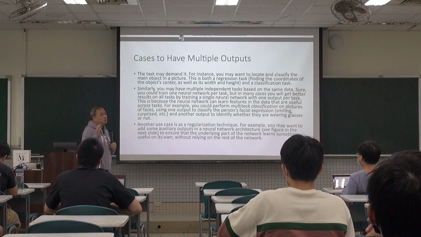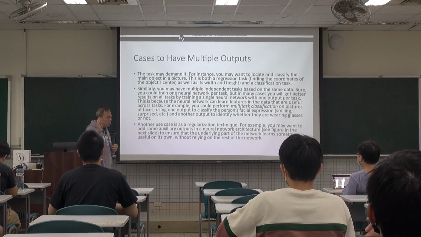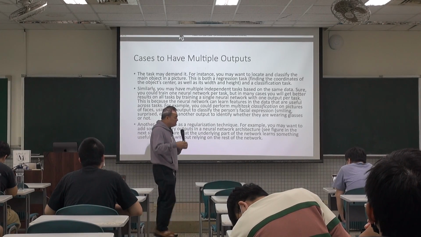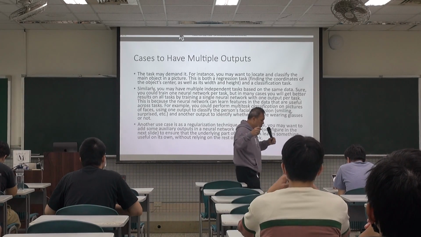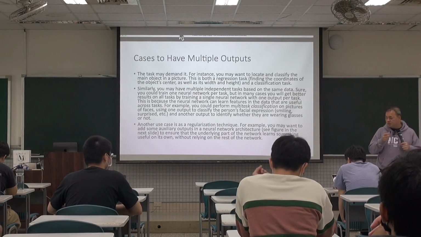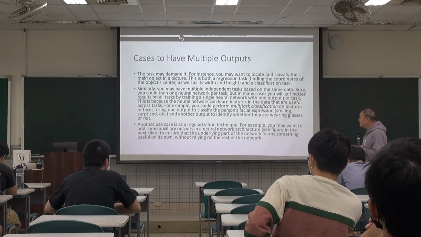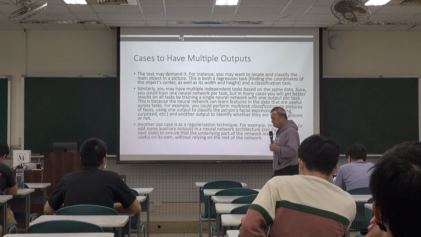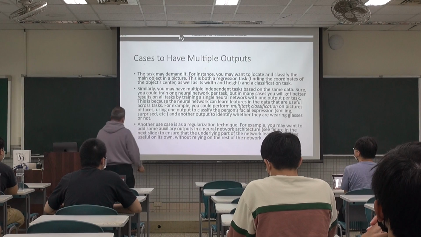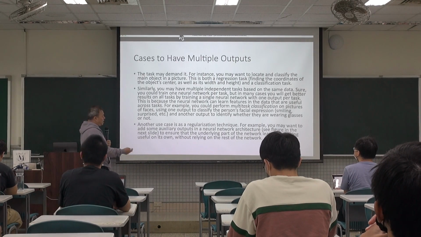They have several additional outputs, and they use those additional outputs as auxiliary outputs to regularize the network. So this is another situation that you may want to consider, more than one output.